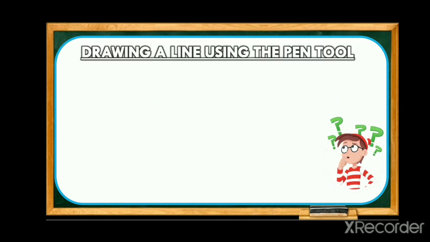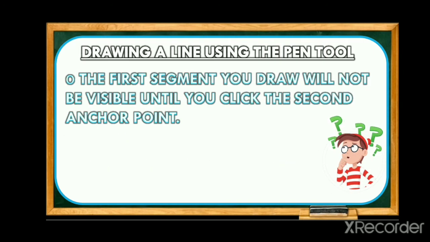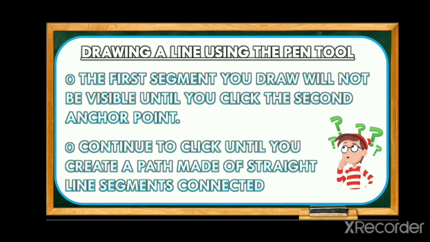Third, the first segment you draw will not be visible until you click the second anchor point. Continue to click until you create a path made of straight line segments connected by corner points.